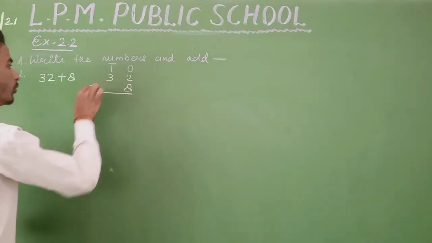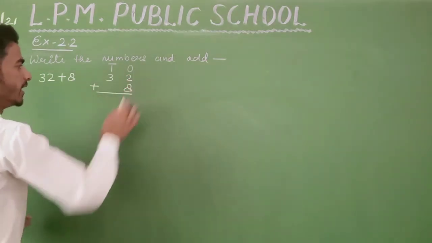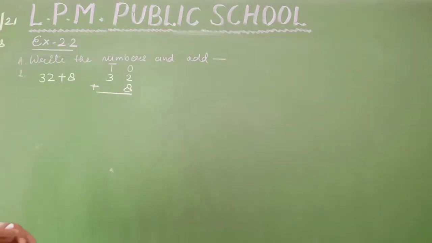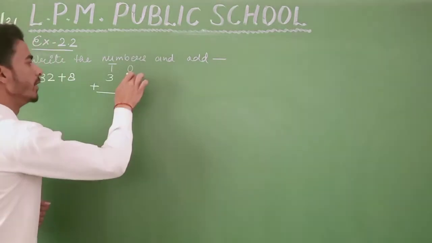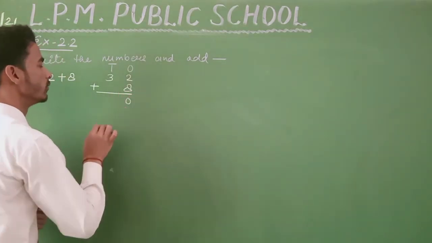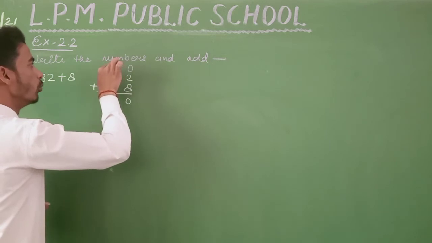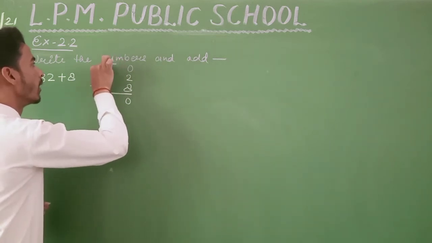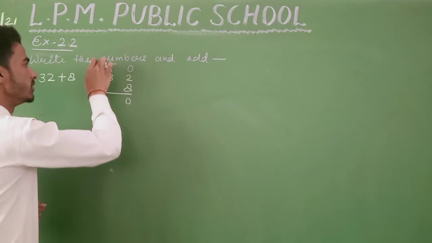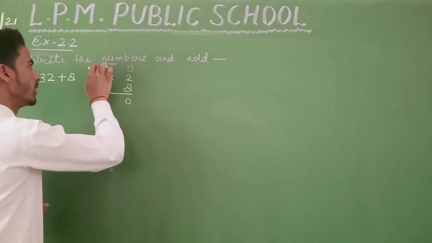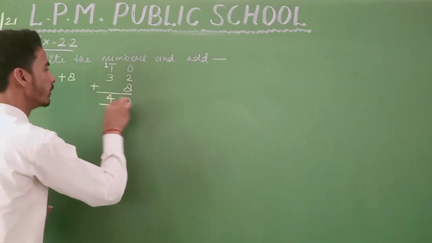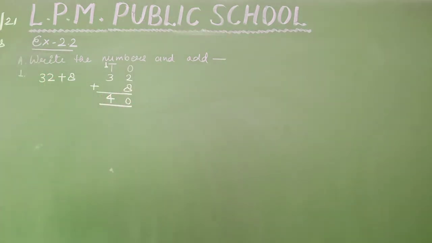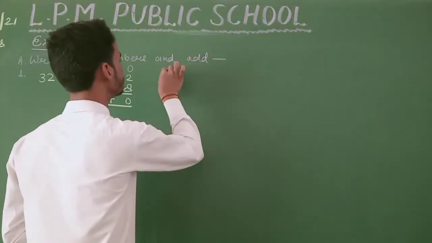Now we add them. 2 plus 8 makes 10, so we write 0 here and place 1 as carry. Now 1 carry plus 3 is 4, so that makes 40.